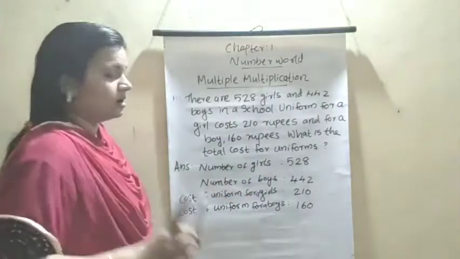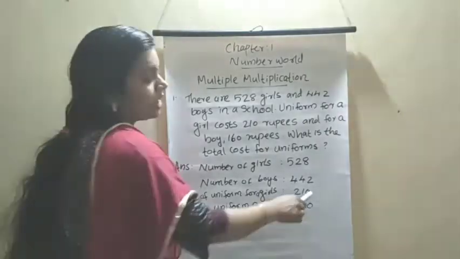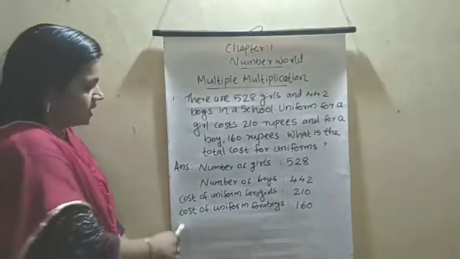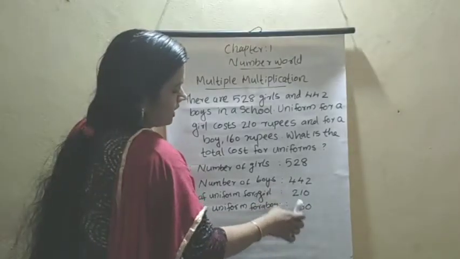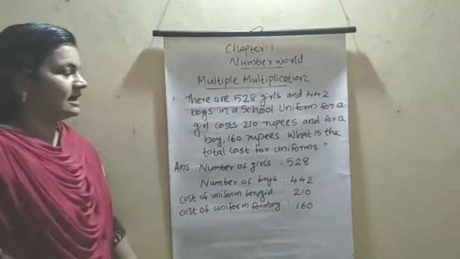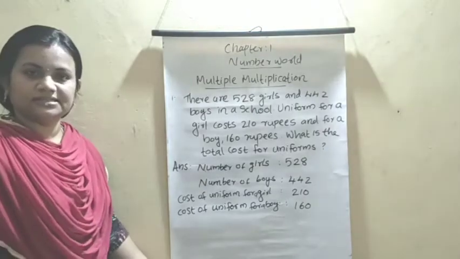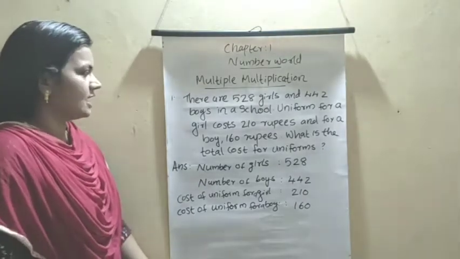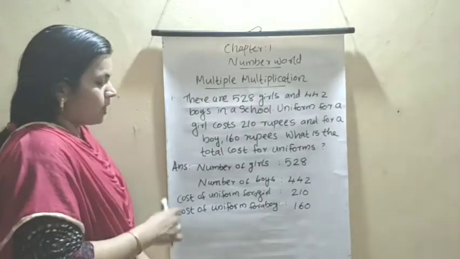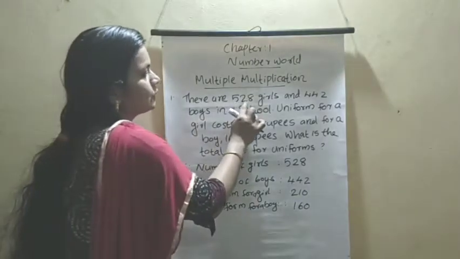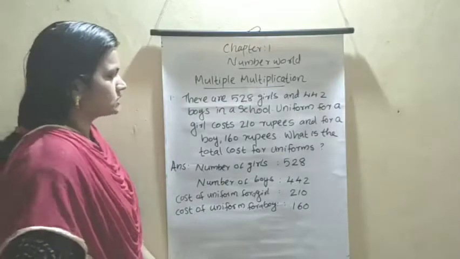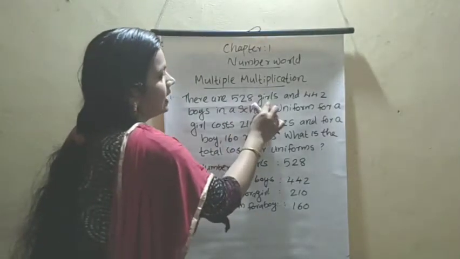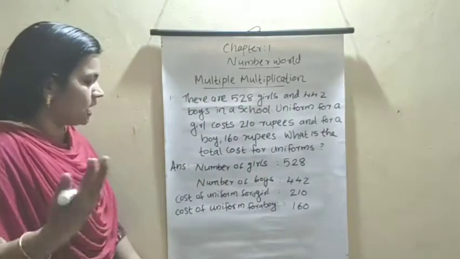See, one girl has how many rupees? 210 rupees. Then cost of uniform for a boy, 160 rupees. We want to find the uniform cost of 528 girls. How much rupees? Then how to find that?